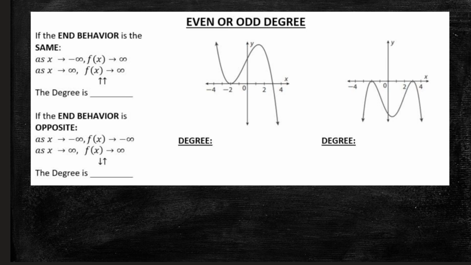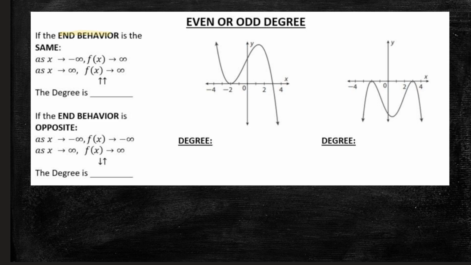All right, so here's something else that's new, even or odd degree. And so this will make more sense when we're looking at some equations. We call different things a degree. But if the end behavior is the same, then your degree is even.